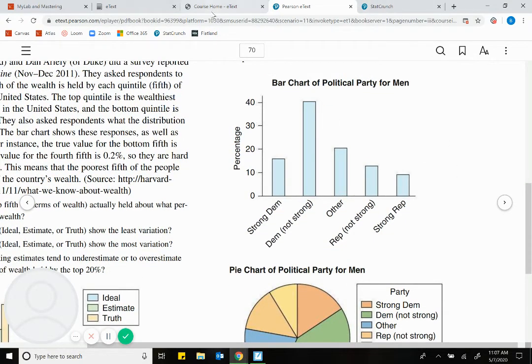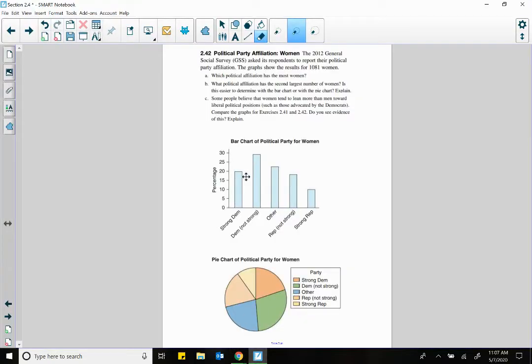Okay. So again, our question, kind of going back to it. Hold on one second. Let me get rid of some of this stuff. It says, some people believe that women tend to lean more than men towards liberal political positions, such as those advocated by Democrats. Okay?